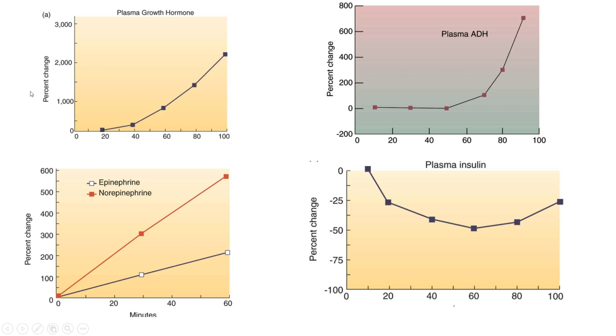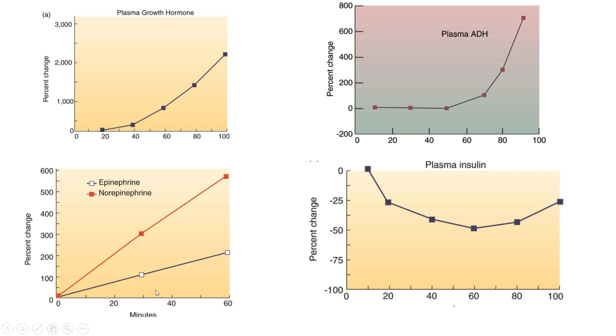So now we are looking at the graphical representation of the hormonal changes. So what we can witness here is the increase in the growth hormone with different intensities of exercise. Beyond a light intensity, it increases to a greater extent. The same way we can witness the changes in the epinephrine and the norepinephrine levels.